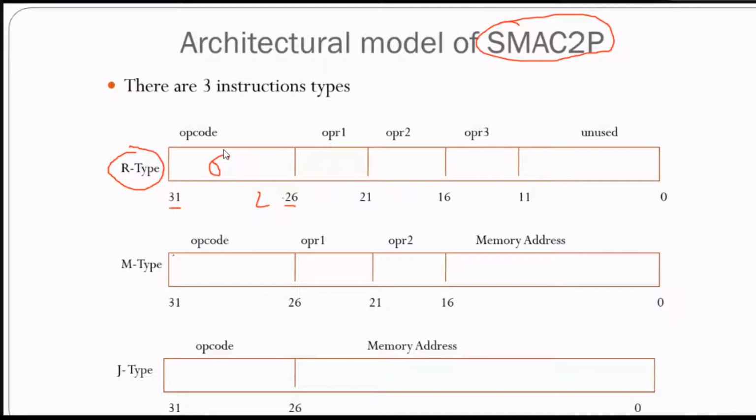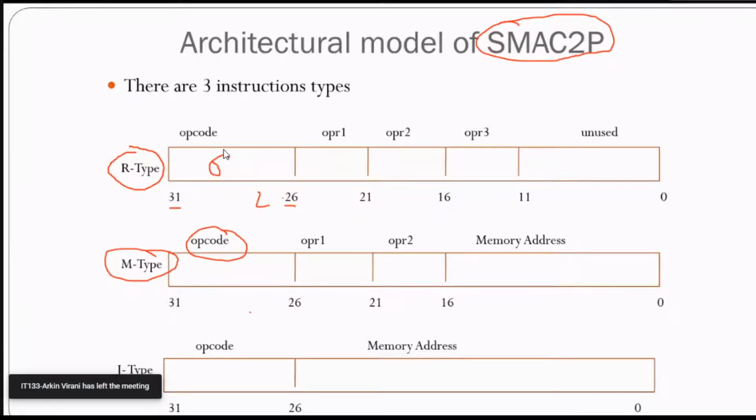If you will observe, for each type instruction, how many bit we are using as an opcode? Opcode के लिए आप कितने bit use कर रहे हो? 26 to 31. So total 6 bit we are using for instruction opcode.